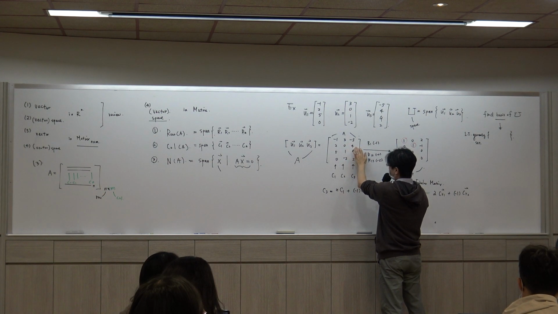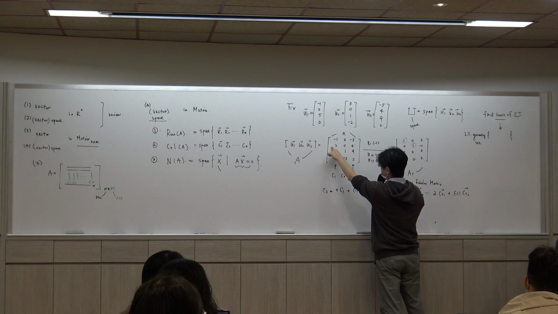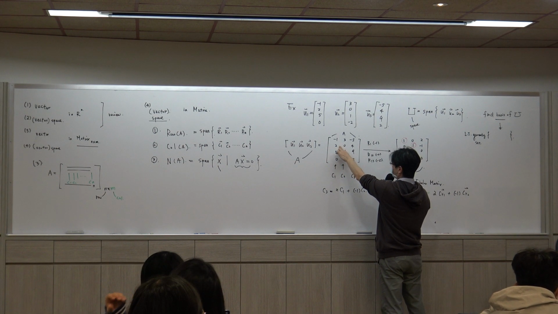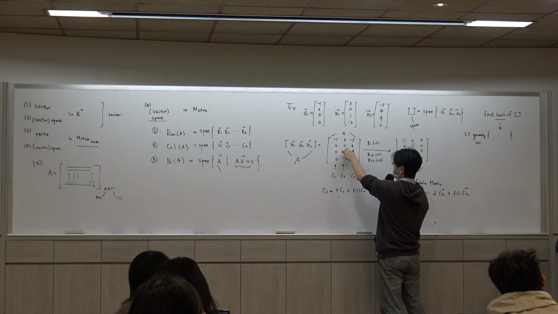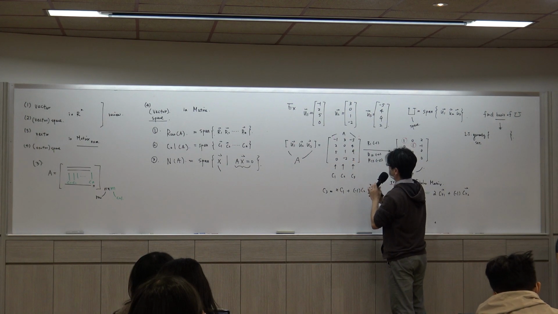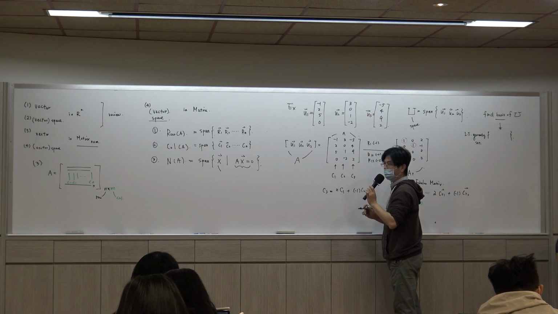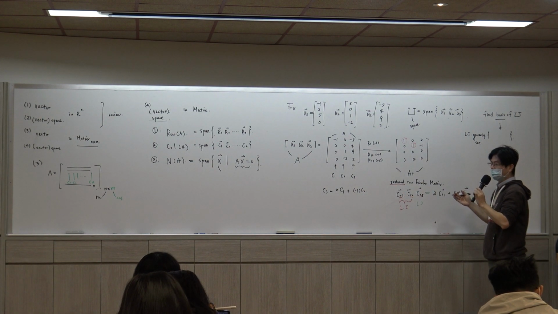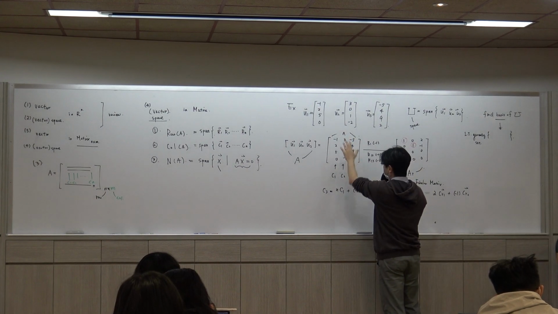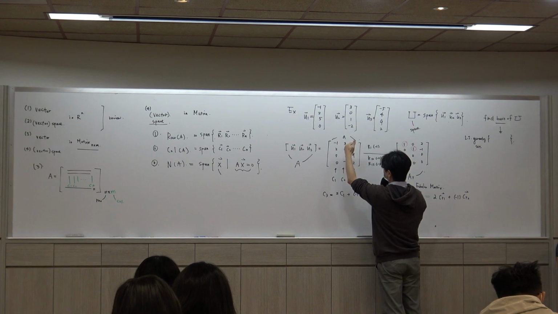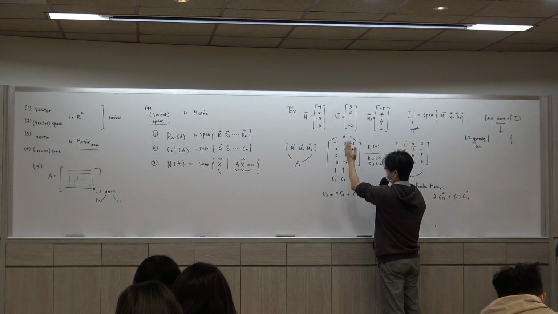So is it lucky to obtain this relationship? The answer is no. 4 equals 2 times column 1 plus minus 1 times column 2. So you can check all the relationships work. So in the matrix A, we can have 4 row vectors, 3 column vectors, right?